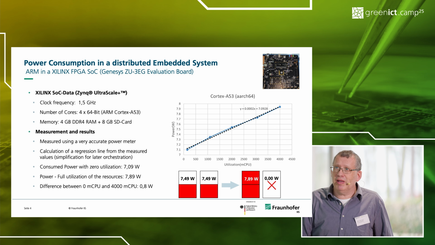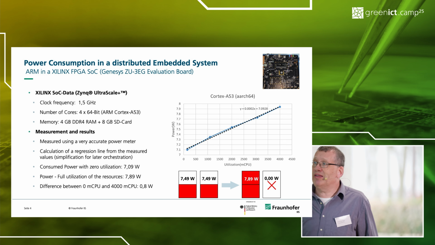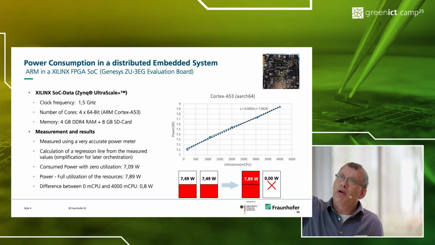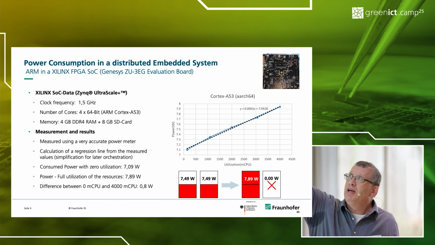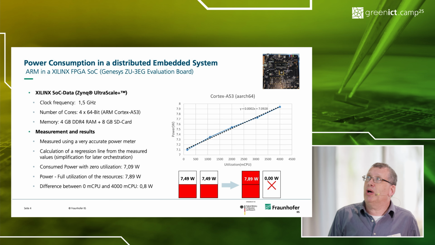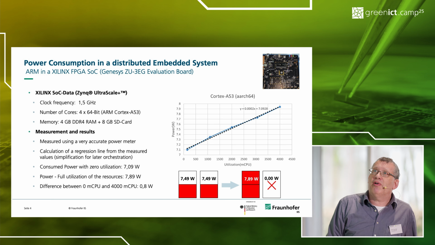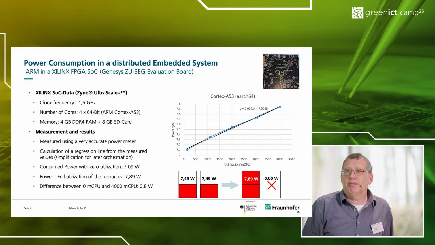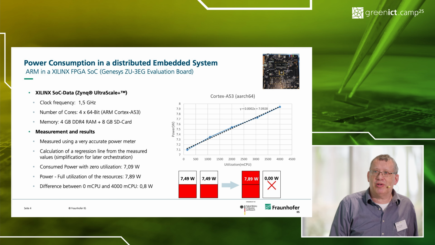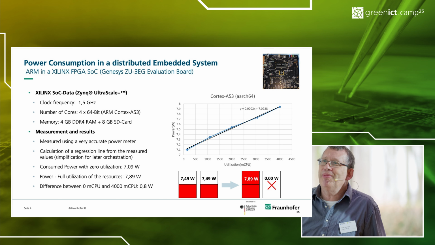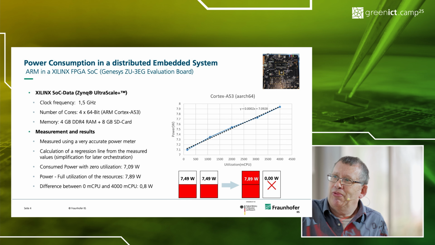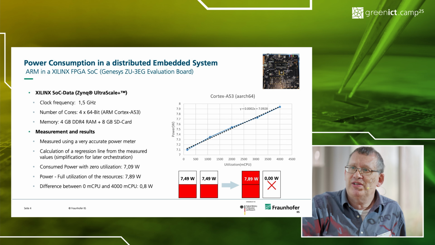If you have a look at the diagram, then you see the worst case. We also have 4 cores, and if all cores are running at full performance, we have a power consumption of 7.89 watts. And if we have no performance or very near no performance, we have 7.9.